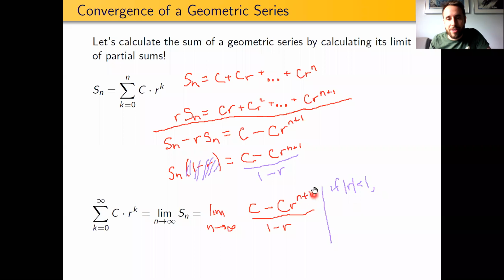If absolute value of r is less than 1, then this term will get smaller and smaller and smaller until eventually this piece here will disappear and all that's left is a C divided by 1 minus r.